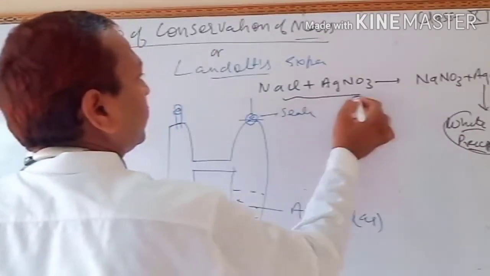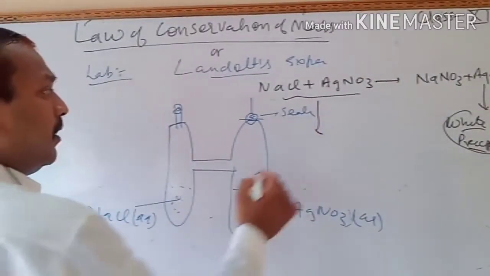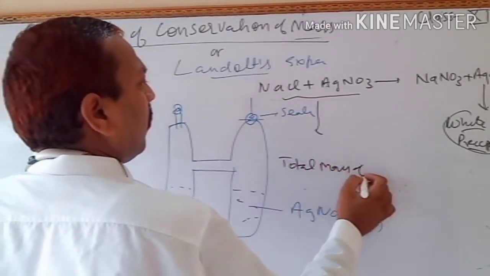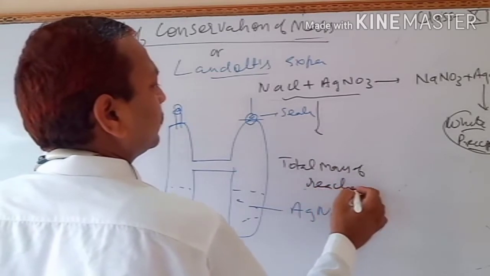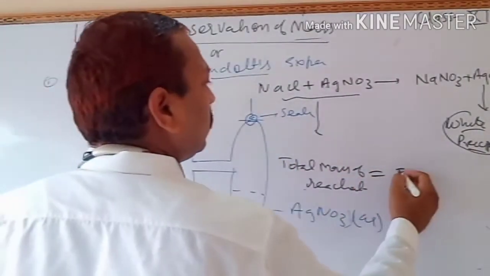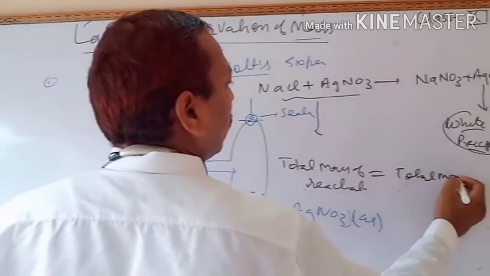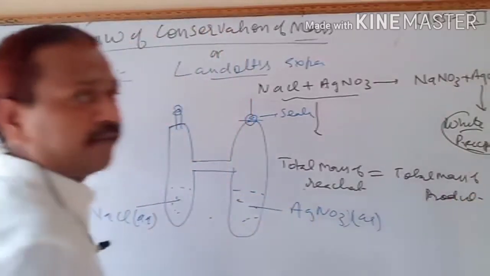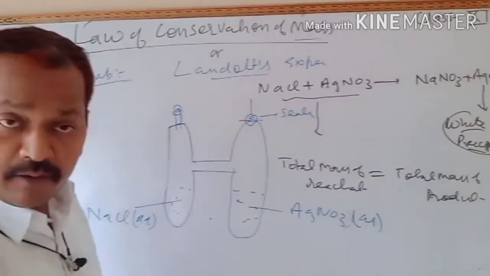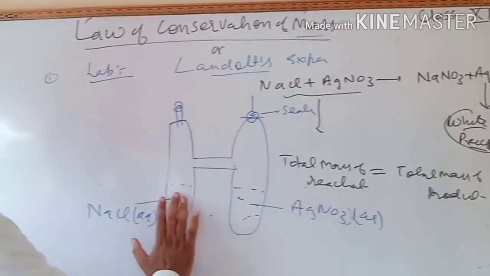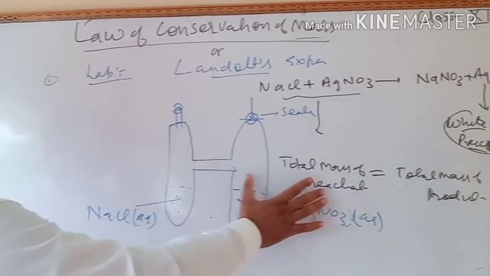Then the total mass of reactant, at last he found, the total mass of the reactant side is equal to the total mass of product. So in this way, this law is verified in the laboratory also, checked by Landolt's experiment.